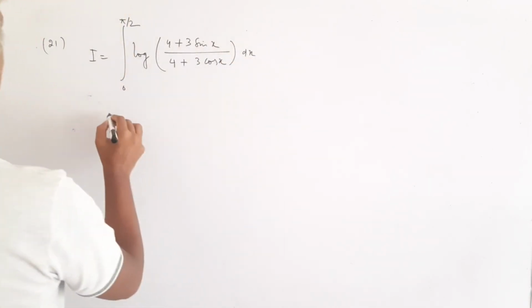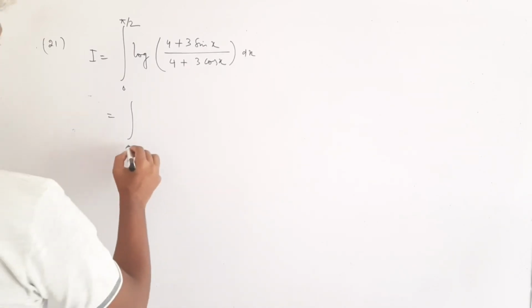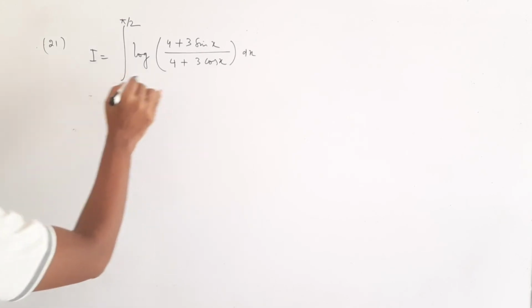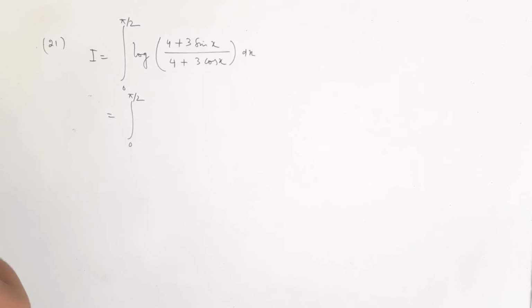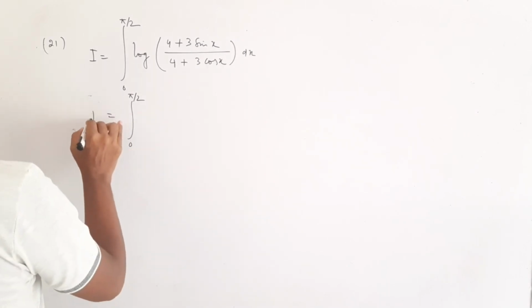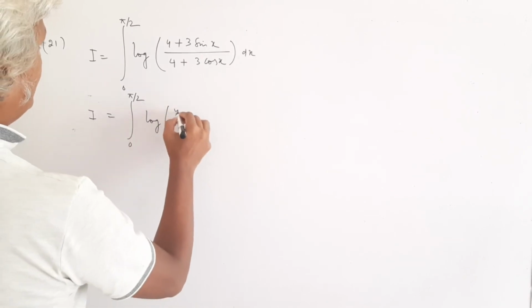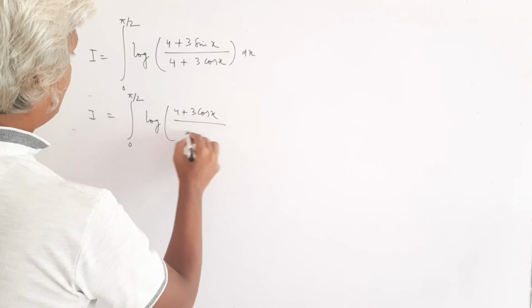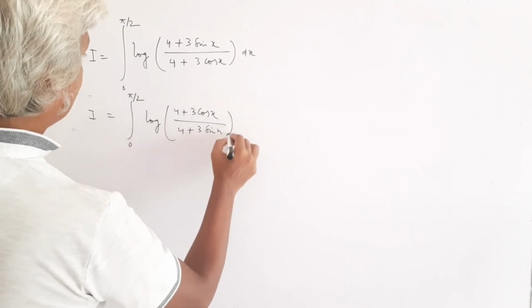First I break this down into 2 parts. If I use the property directly, then this will become sine and this will become cos. Okay, let's do it. So use property 5, this becomes integral 0 to pi by 2 log of (4 plus 3 cos x) upon (4 plus 3 sin x) dx.